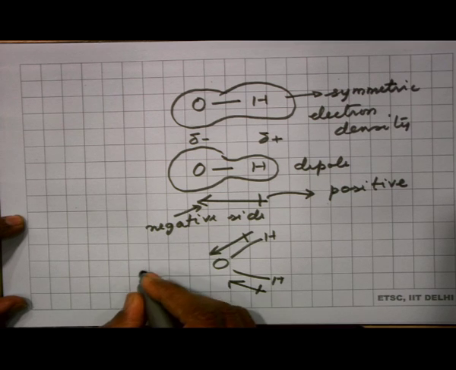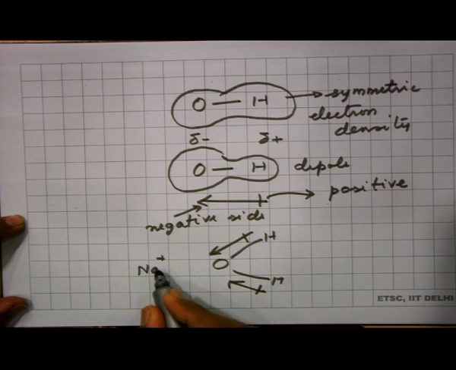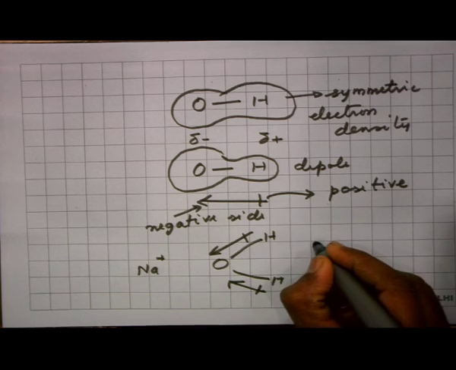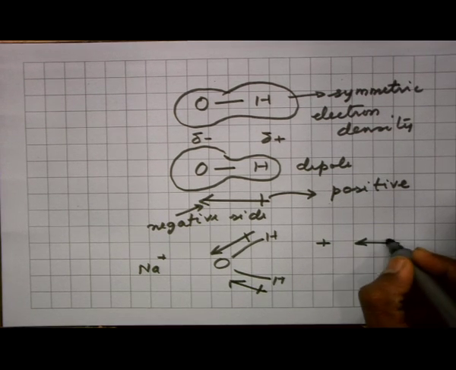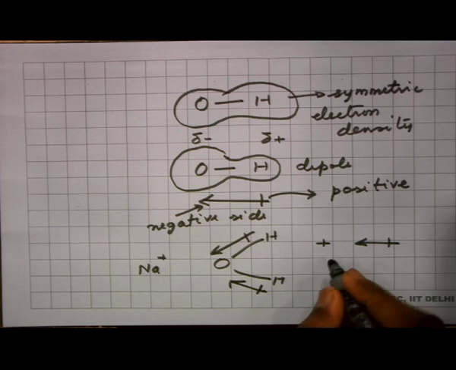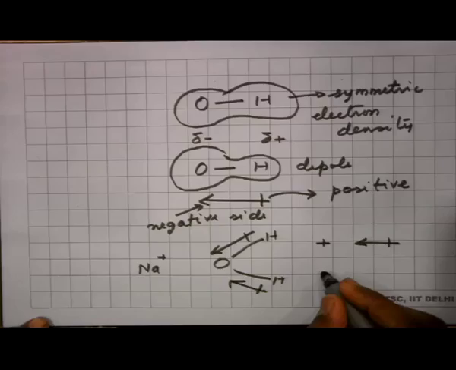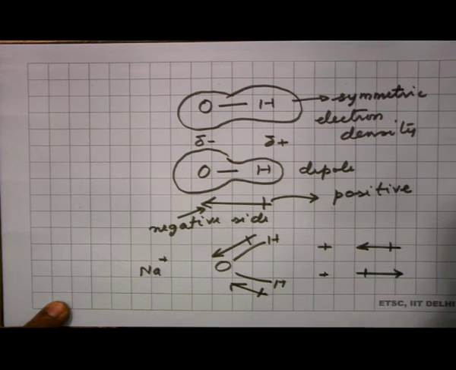And when a sodium plus ion comes, you are going to have an interaction between this positively charged ion and this dipole. So, I would have a situation where I have a positive charge and a dipole like this. There is also the other possibility, because the water molecules and everything else in the liquid state is undergoing motion, I would also have at some point a situation where this happens.